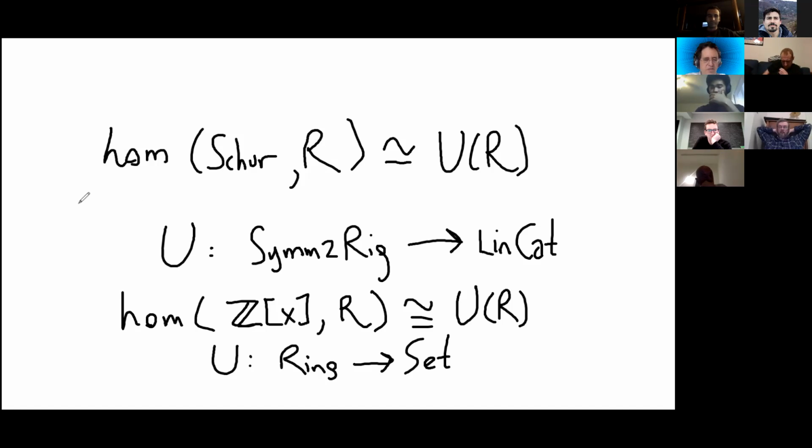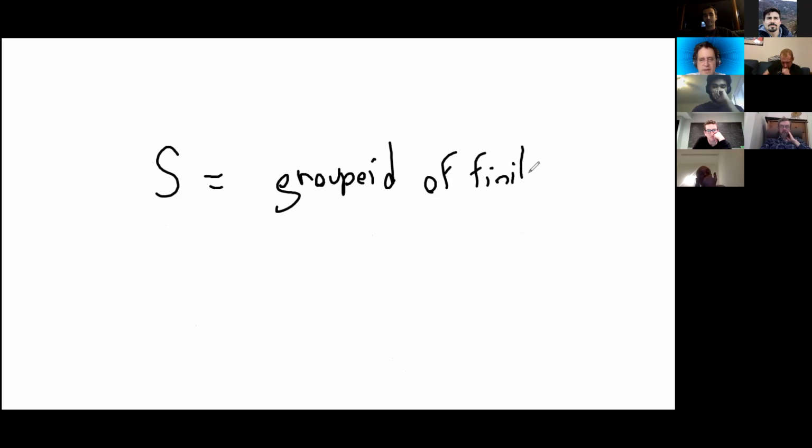The reason why the symmetric groups were showing up for us, and in particular showing up en masse, all together, is that there's this thing that I like to call S, which is the groupoid of finite sets and bijections. It's the category of finite sets and bijections, but everything is invertible, so it's a groupoid.